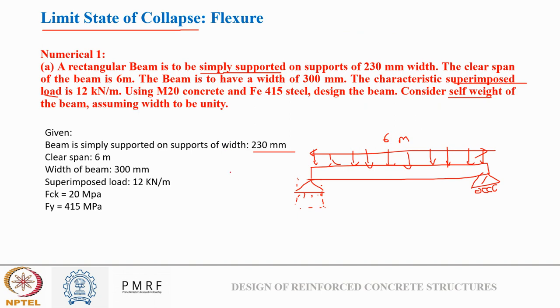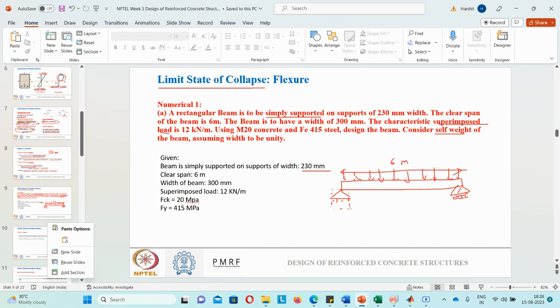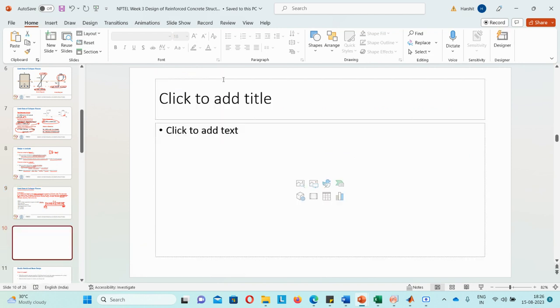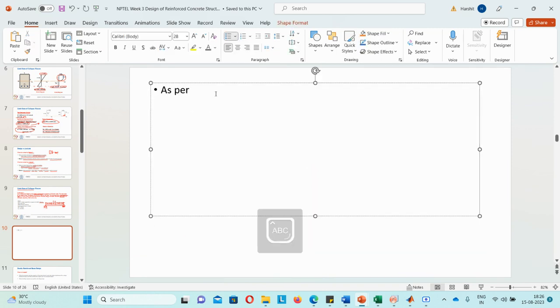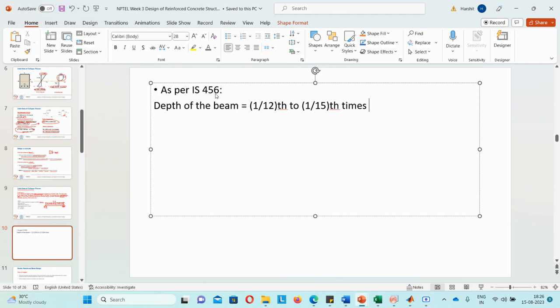But first the problem is we don't know the depth of the beam. So in such cases, when the depth of the beam is not given to you, as per IS 456, the depth of the beam can be taken as 1/12 to 1/15 times the span.